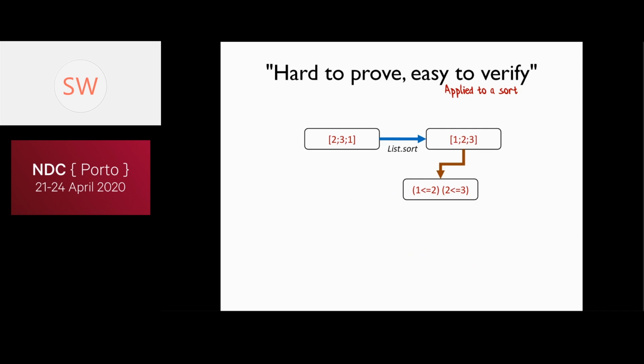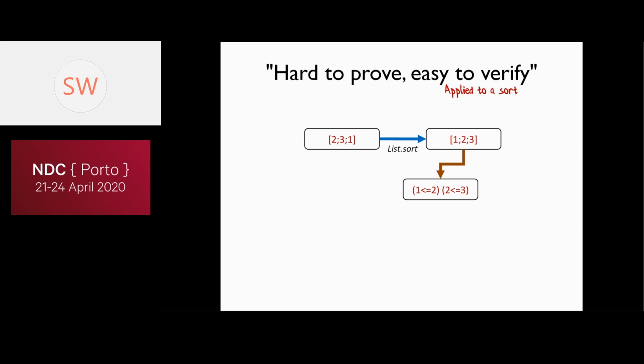Right, so let's say that we want something that's really easy to prove that a list is sorted. Well, it's kind of hard to prove that an entire list is sorted. However, it's really easy to check that for the adjacent pairs, the first one is less than the second one. So for each pair of numbers in the list, it's pretty easy to check that they're related that way.